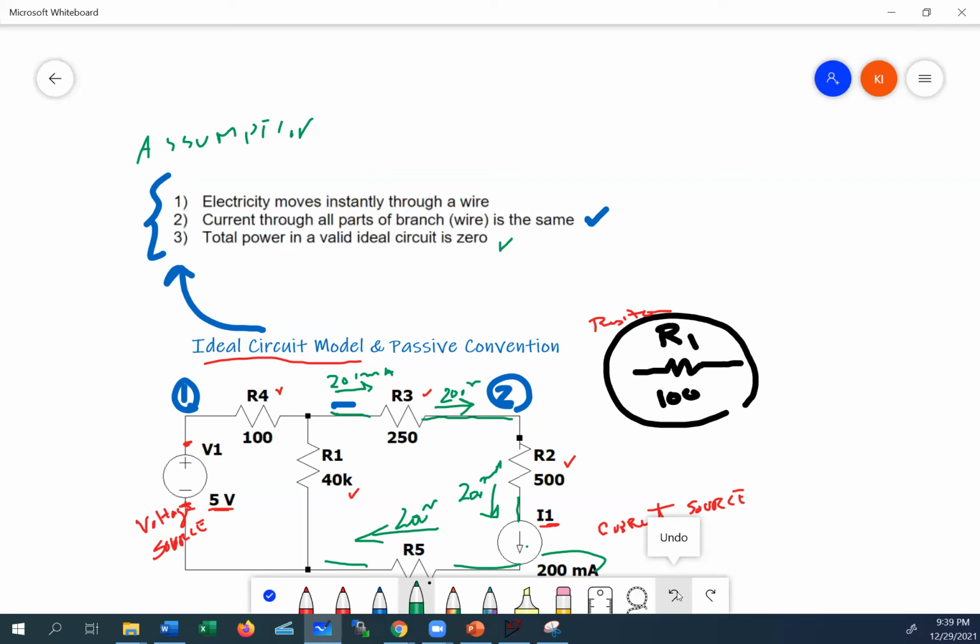The third one is pretty important as well. It basically says, if I take all the power in a system and add them together, that would be equal to 0. So if you take all the components' power and add them all together, you'll end up equaling 0, for a valid circuit.